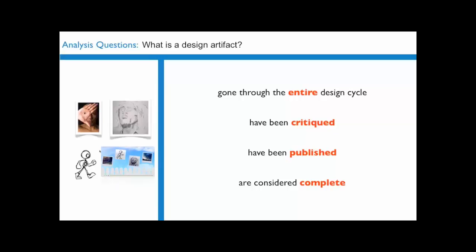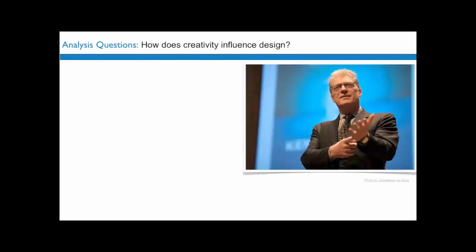It's also important to note that complete is not necessarily finished. What this means is that once an artifact is complete and shared with the community, there may be further revisions that are necessary. This brings us to the next question of, how does creativity influence design?